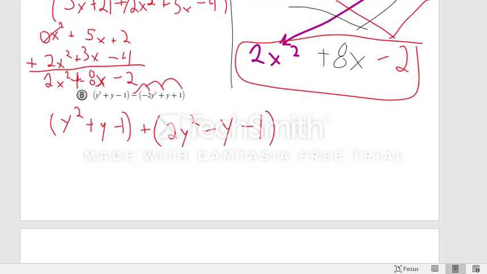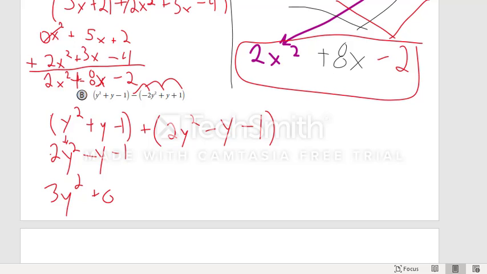All right, we can write it vertically. Y squared plus 2y squared, minus y, minus 1. Now add them. y squared plus 2y squared, there's 3y squared. Y minus y is 0.